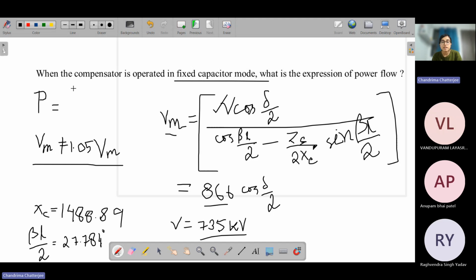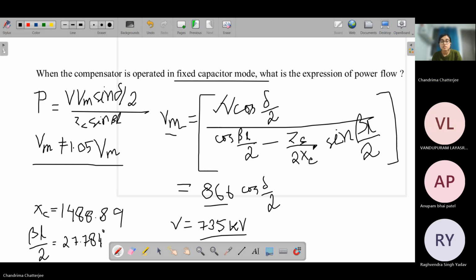Now what is P? That P for the compensated line we already found out. This was V VM sin delta by 2 divided by ZC sin beta L by 2.